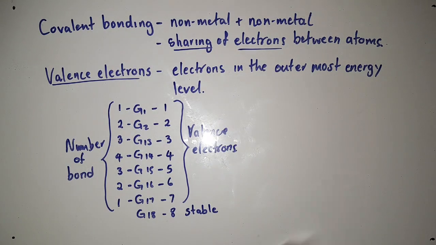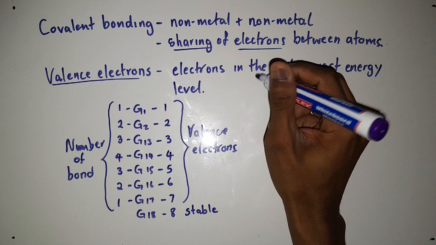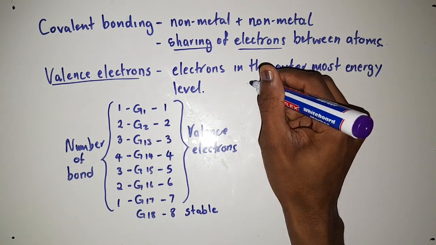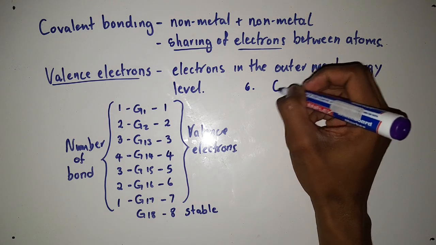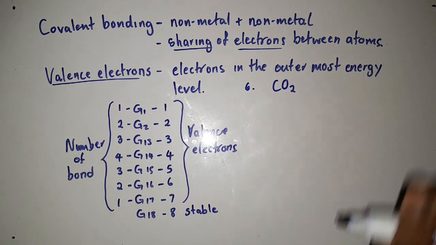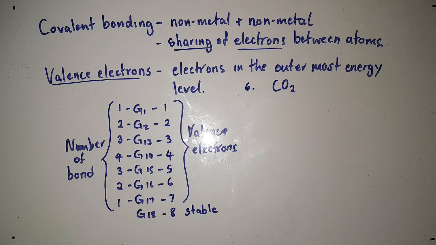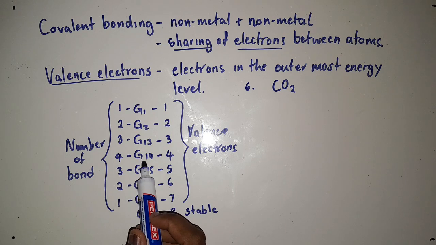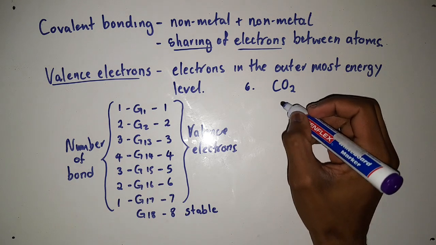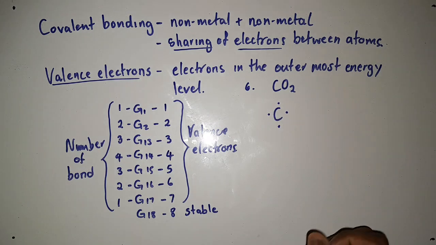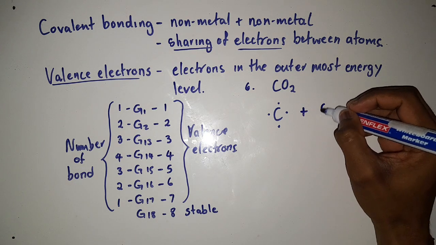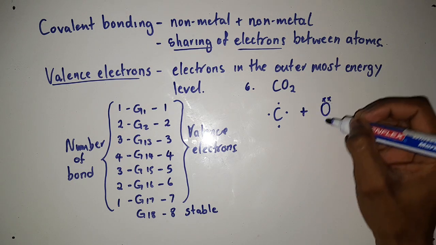Let us continue. Now, let's say if I were to give you this diagram now. Sorry. This formula of CO2. We know that carbon is situated in group 14, which means it's going to have 4 valence electrons, plus we have 2 oxygen. Each is going to have 6.